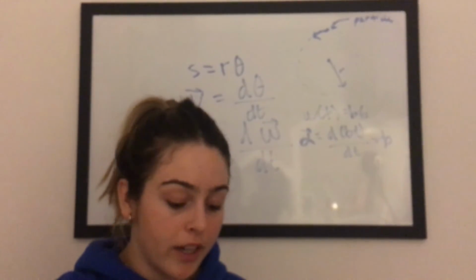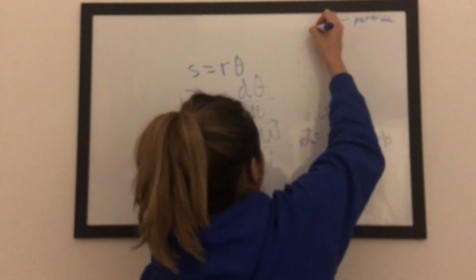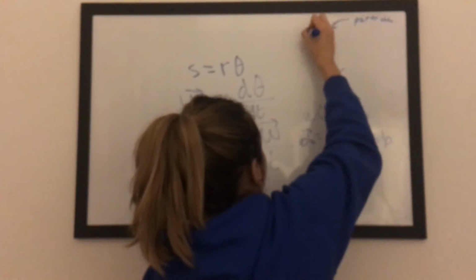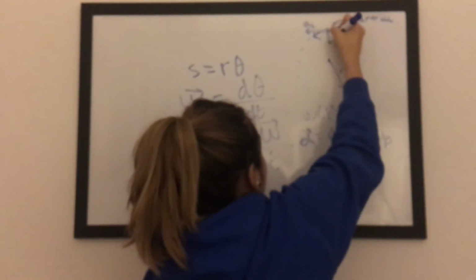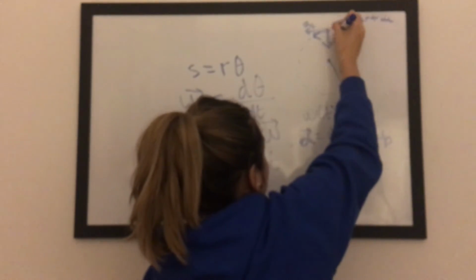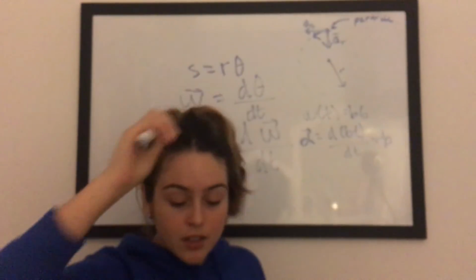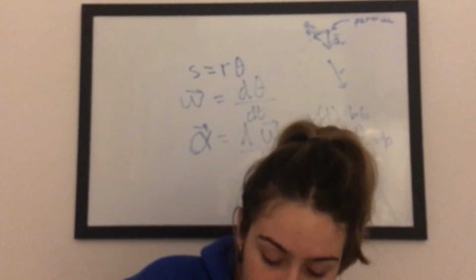So next we're going to look at the acceleration that is tangential to the particle. So this is going to be acceleration t, and this is going to be the radial acceleration. And we want to find the net acceleration.